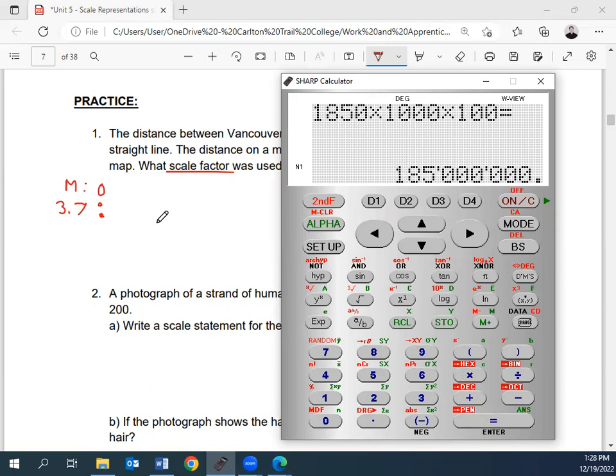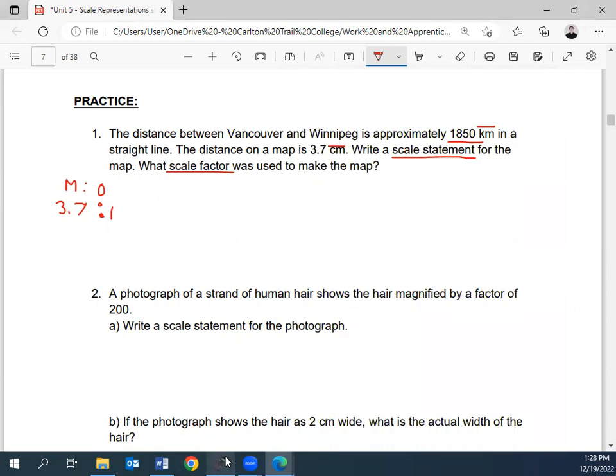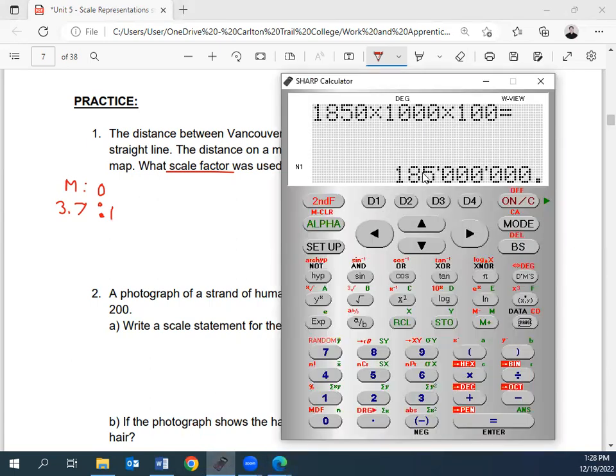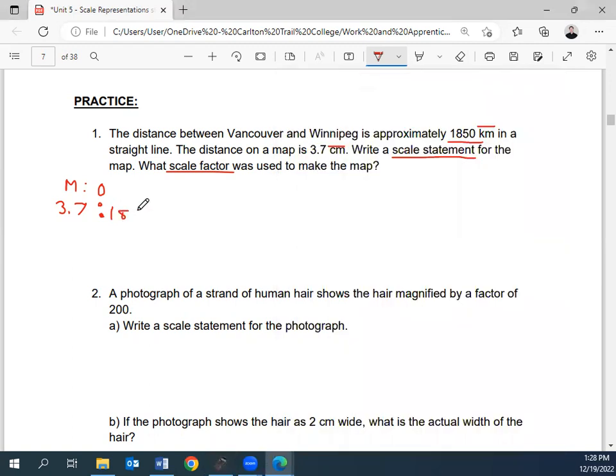Now, this one's going to be a two-parter in that it's only that many centimeters. So what is that? 185 million. So 185 followed by 6 zeros. 1, 2, 3, 4, 5, 6.